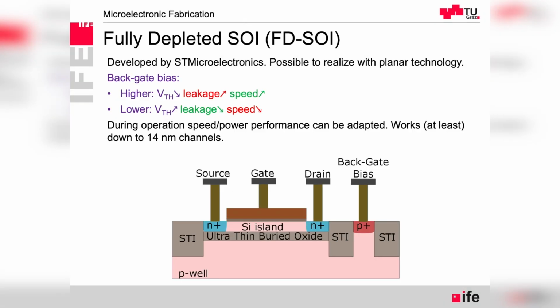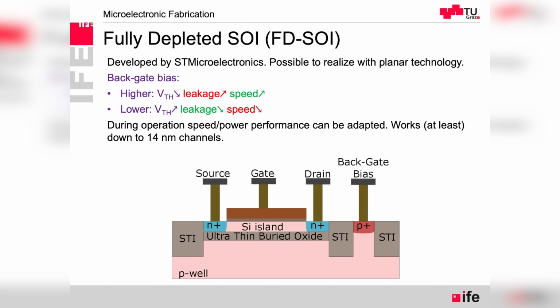And then based on this development, there was this fully depleted SOI, which was also possible to adapt for solving these challenges of scaling, making the channel length shorter and shorter and not being able to control the gate. So in the planar transistor, the N plus region extended quite deep in the P-well. Here it's a very thin device.